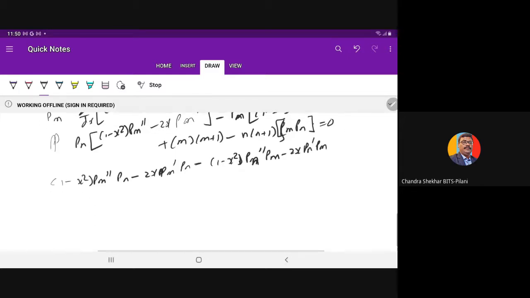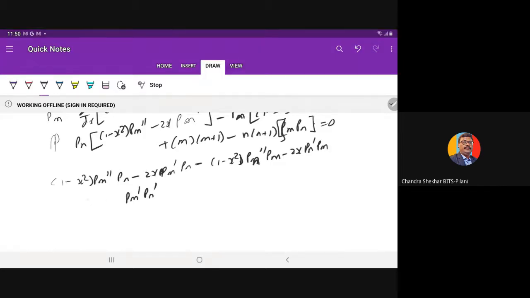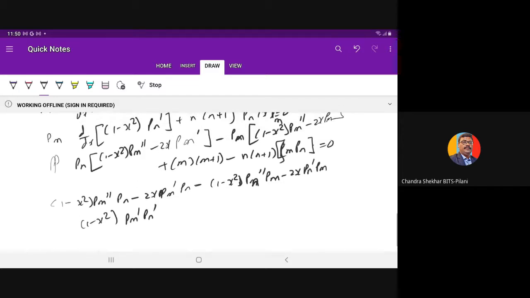Now in this, (1 minus x square) is common in both, so we take it out, with the plus 2x term.